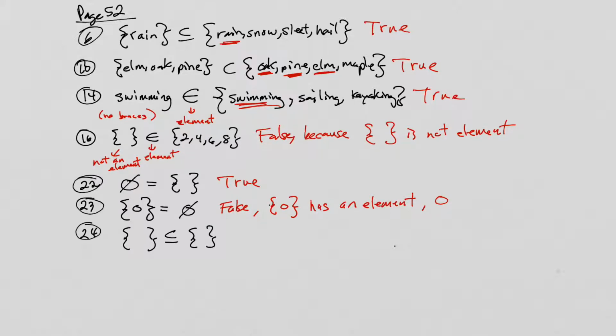That means it has nothing in there. There are no elements in it, and it can be a subset to itself. The empty set is a subset of every set, including itself. So this is 24, so this is true.